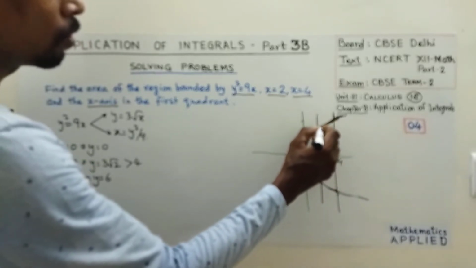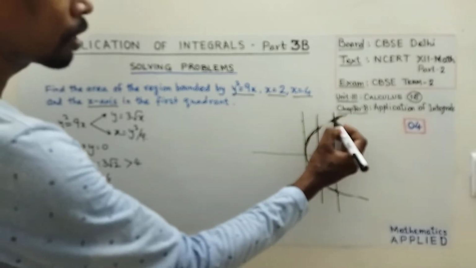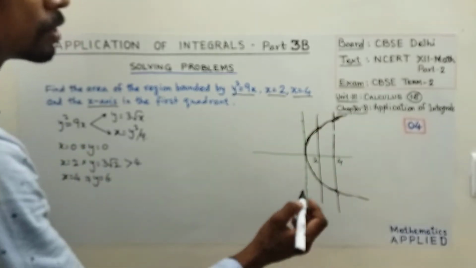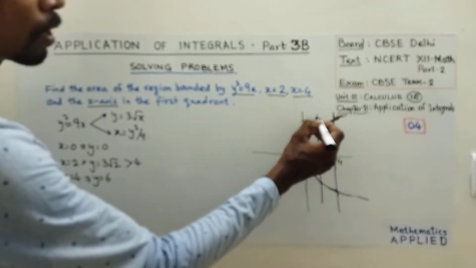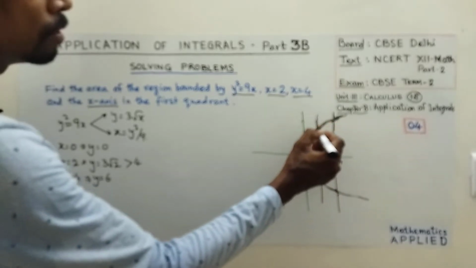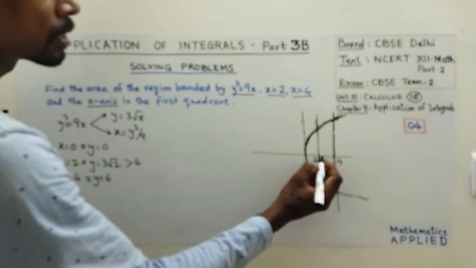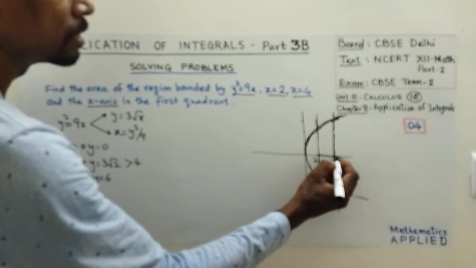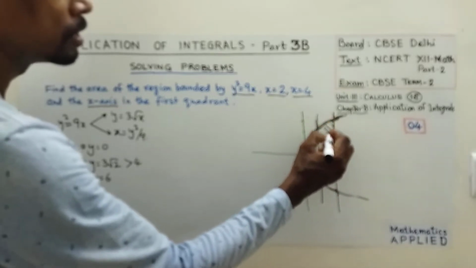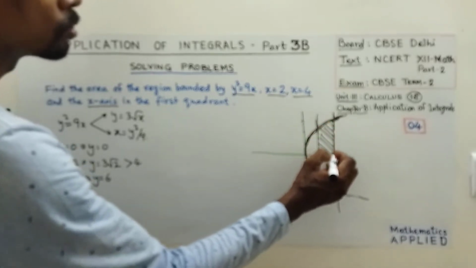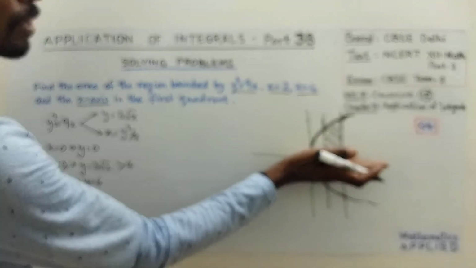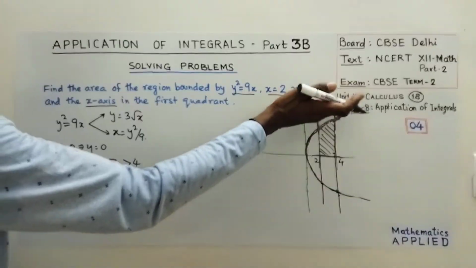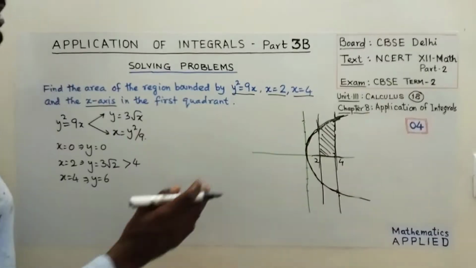So what region are we looking for? They are asking for the region which is bounded by x equals 4, x equals 2, the curve y square equals 9x, and the x axis, this axis. So this is the region which is required to be found. With the x axis, this curve is forming the boundary.